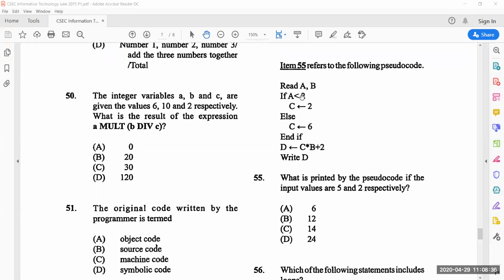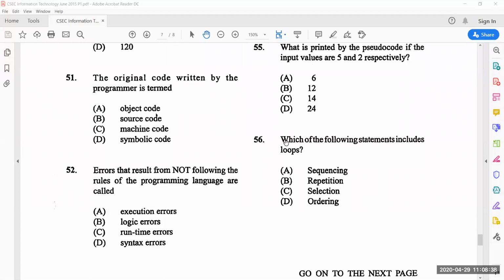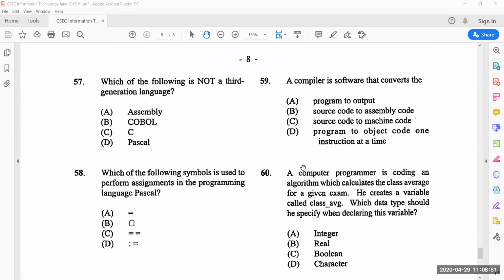Okay, right. Which of the following statements includes loops? 56. Repetition, yes. Which of the following is not a third generation language?